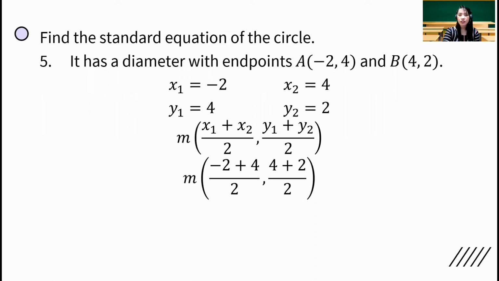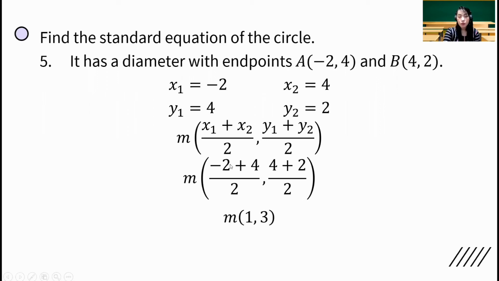Substitute the given coordinates into the formula, so we have m, or the midpoint, is negative 2 plus 4 divided by 2, and for the y coordinate, 4 plus 2 divided by 2.